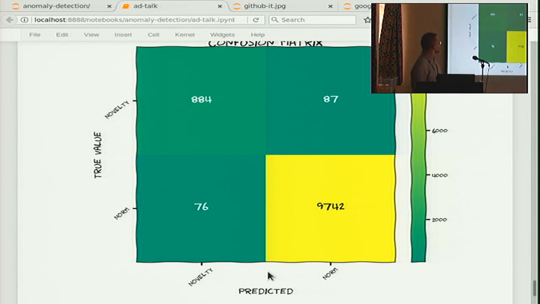Okay, so we have quite a good measure from about 10,000 points, we get most right in the main diagonal. So at the very left upper hand is what we have anomalies as anomalies, so we got it right. At the very bottom in yellow we have normal things that are normal things really, we predicted them right.